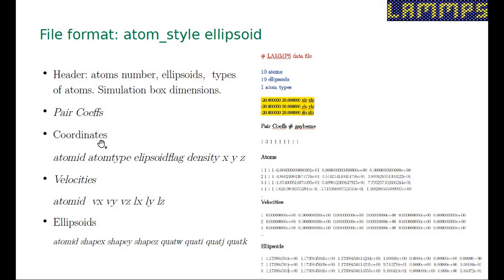Coordinates. So, the format for the particle coordinates is as follows. First, we include the atom ID, which is, again, an integer number, the atom type, indicated by an integer number, the ellipsoid flag, which indicates this is an ellipsoid particle, and then comes the density.